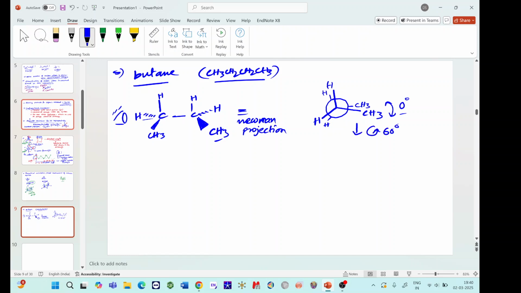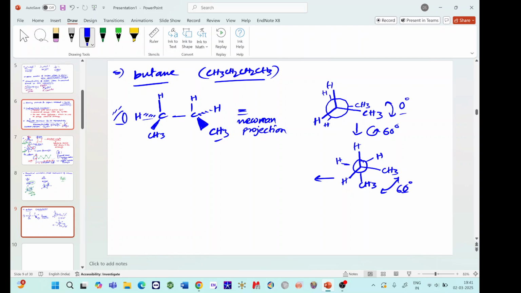What should happen? I will not change the front atom. It will be the same: CH3, H, H. Now if you rotate it, it should be like this. Now this angle is 60 degrees.